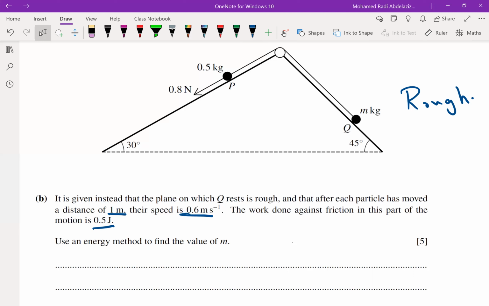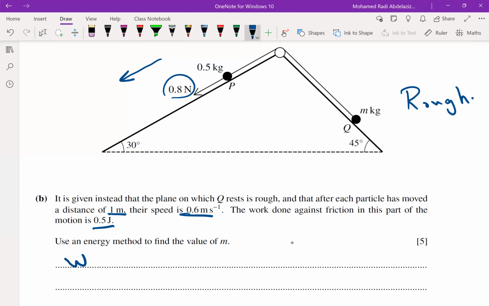Start with particle P. Particle P moves in this direction. The work done by the force 0.8, the work done by all the external forces acting on particle P in the direction of motion. The external force acting on particle P is 0.8.